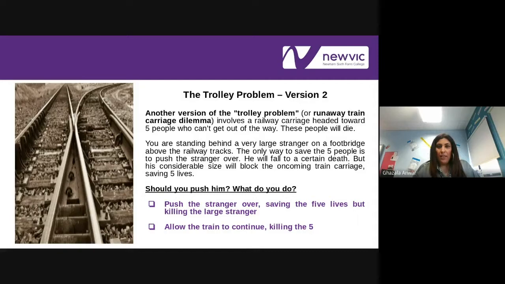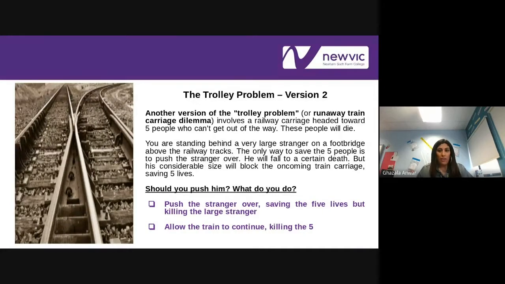Now, this version of the trolley problem involves a railway carriage headed towards 5 people who can't get out of the way. Again, these people will die. You are standing behind a very large stranger on a footbridge above the railway tracks. The only way to save the 5 people is to push the stranger over.